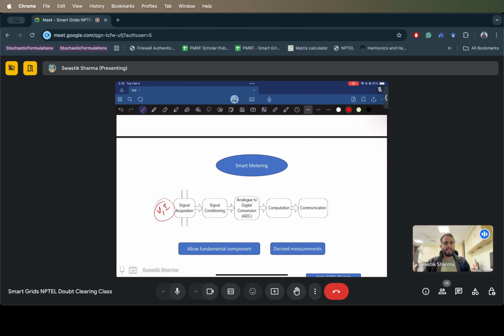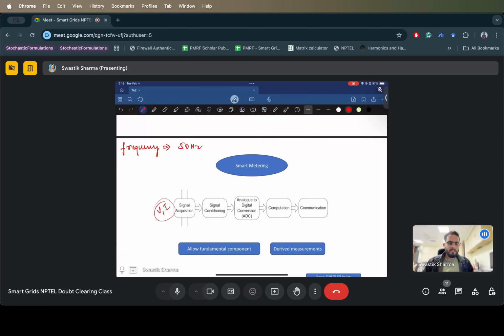Now this VI data can have aliases. When I say aliasing, it could mean that certain inaccuracy has kicked in due to the fact that the sampling rate was less than the fundamental component of your signal. Our voltage and current operate at a frequency of 50 hertz, right?